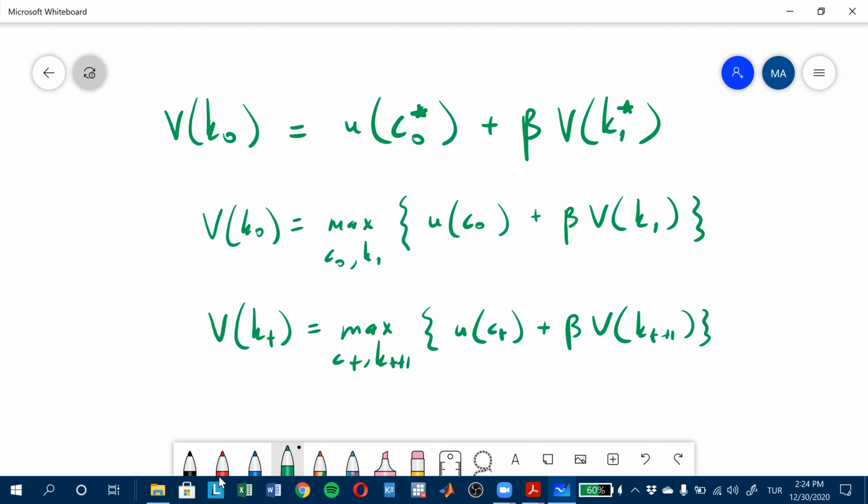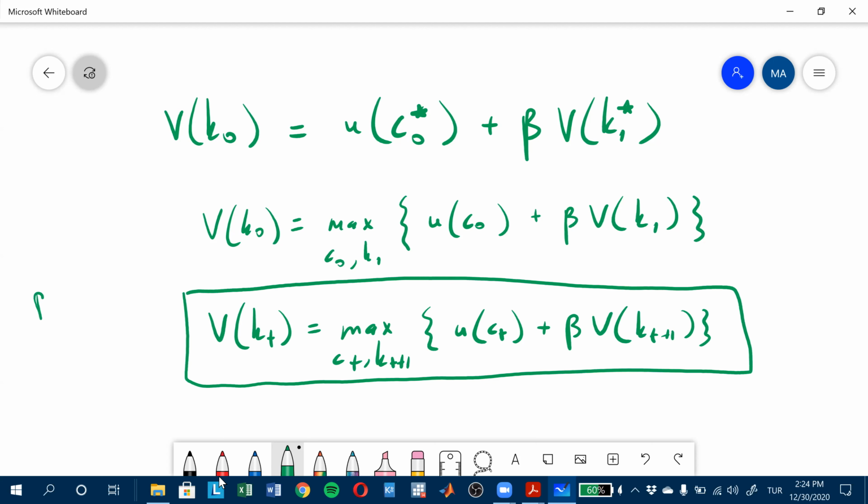Okay, now this animal is called the Bellman equation. Now I expressed my problem, and of course I still have my constraints.